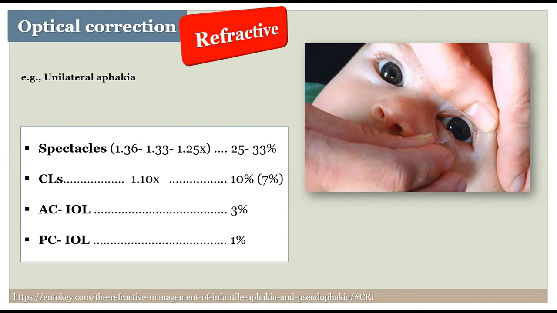Then with an anterior chamber IOL, the magnification is only 3%. And the best option is having a posterior chamber intraocular lens because the magnification would be 1%. So the most suitable option for correcting unilateral aphakia is implantation of an IOL in the posterior chamber.